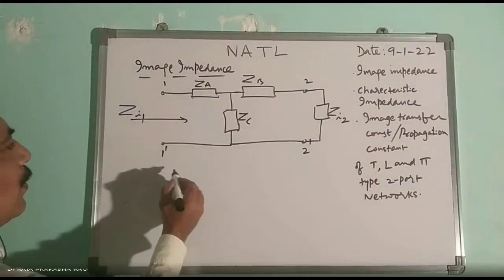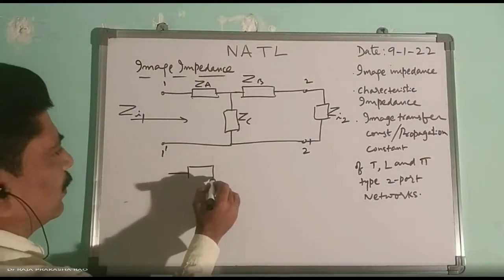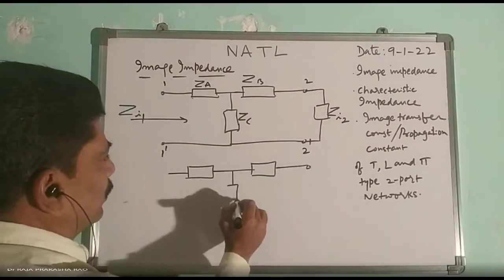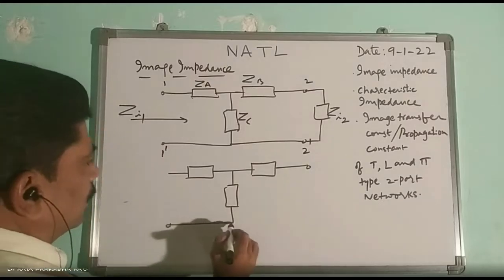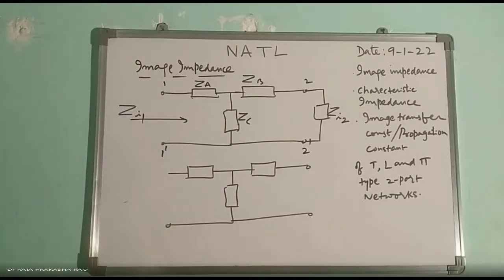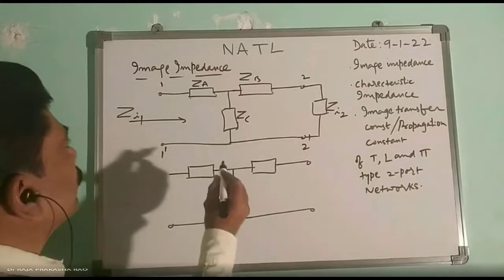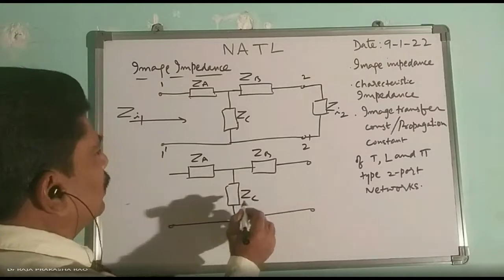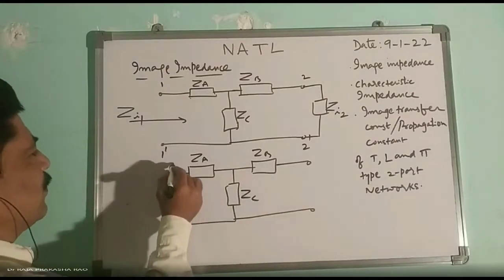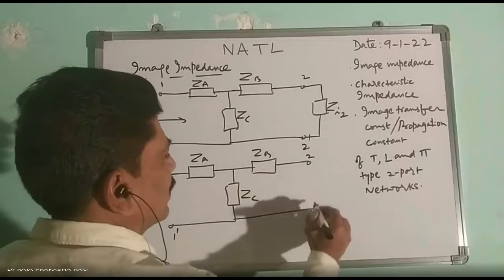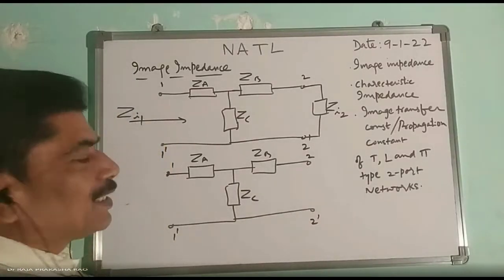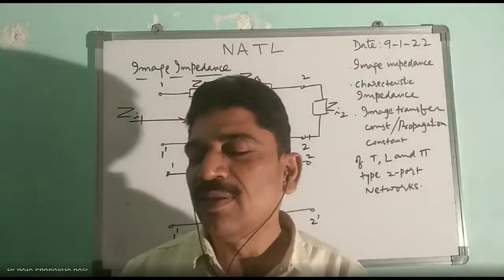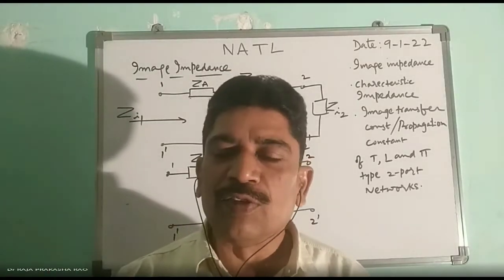So let us load. This is the first port, and this is the second port. Then where should we load the impedance for the second image impedance? Be active in the class. Anyone tell me where it should be loaded?